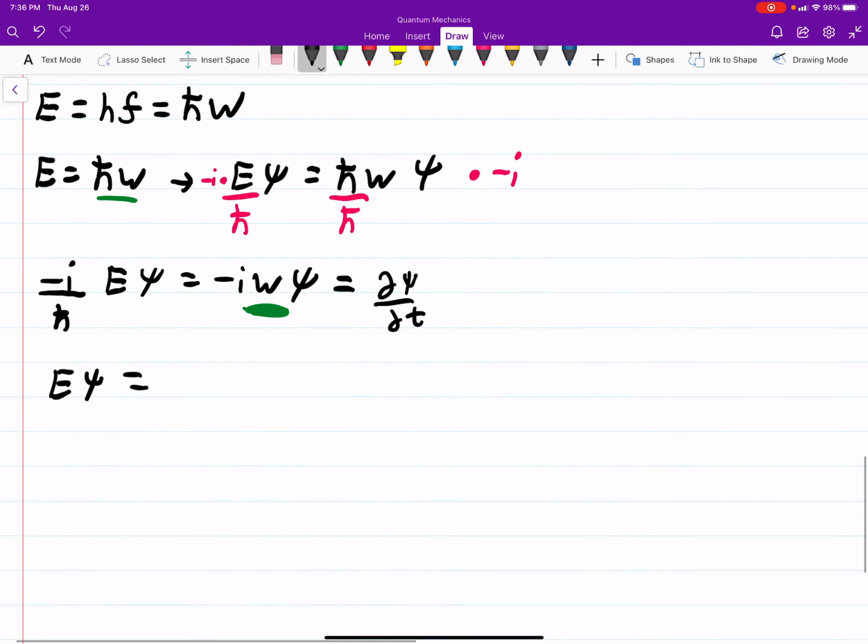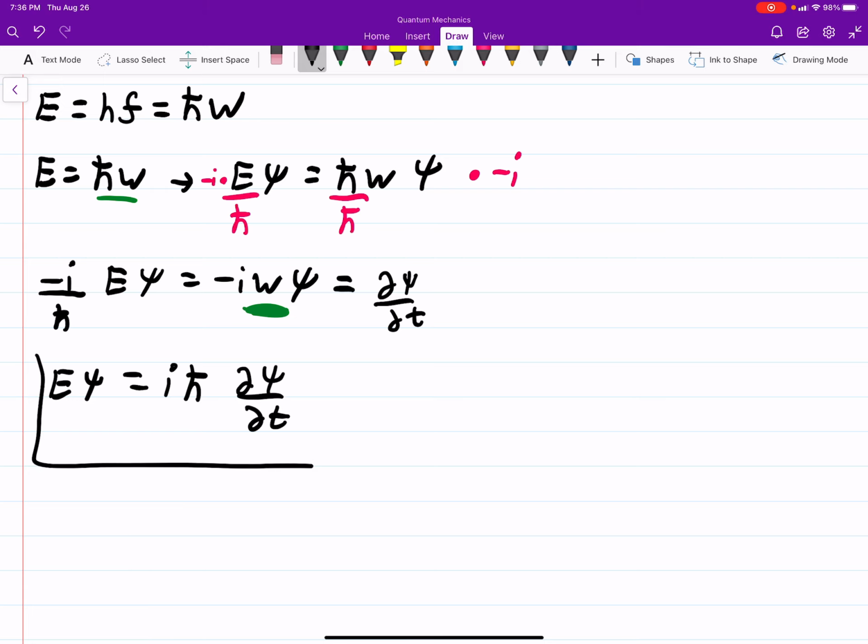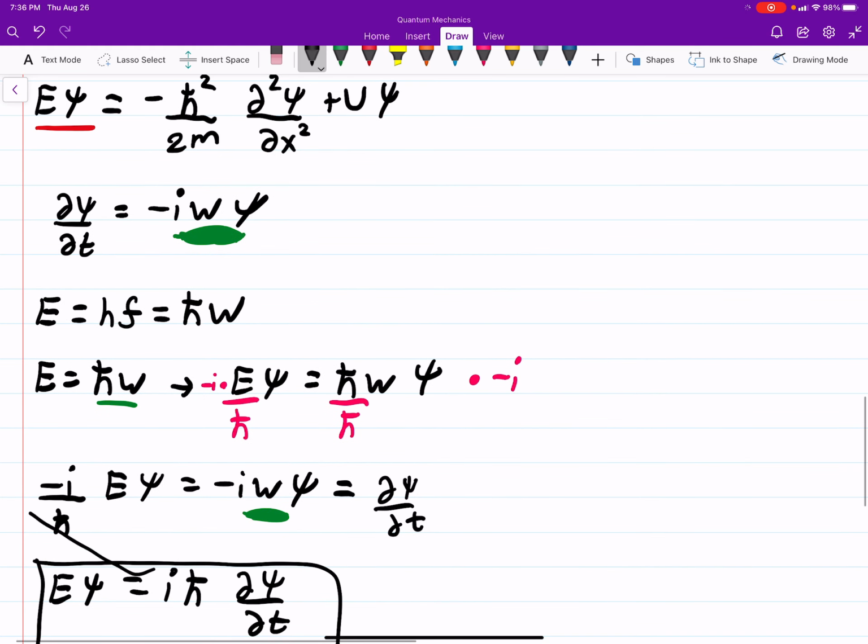So I'm going to replace this with something else. That's going to be equal to h bar, divided by negative i. But if we divide, that can just be moved up. So it's i h bar times the partial derivative of psi with respect to time. And now we can plug this into here.